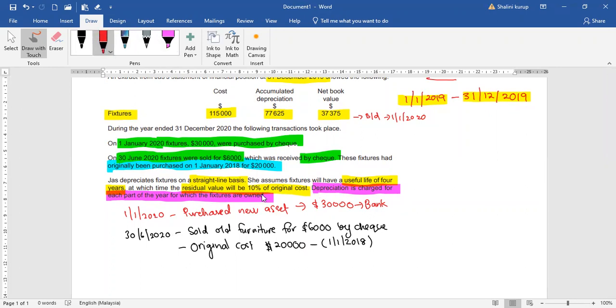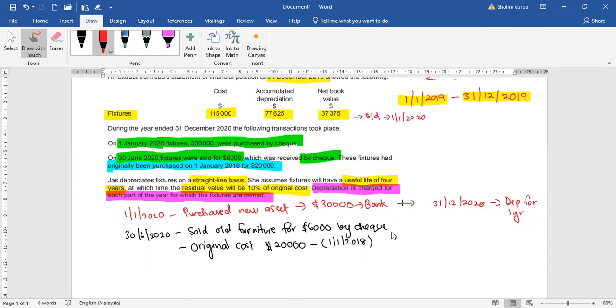That means this new asset that you purchased on 1st January 2020, as of 31st December 2020, you will have to depreciate for 1 year, because you're using it for 1 whole year. Why? Because they've clearly mentioned each part of the year for which the fixtures are owned. You bought it on 1st January 2020, so obviously 31st December 2020 is a 1 year period. So the depreciation for that will be 1 year.